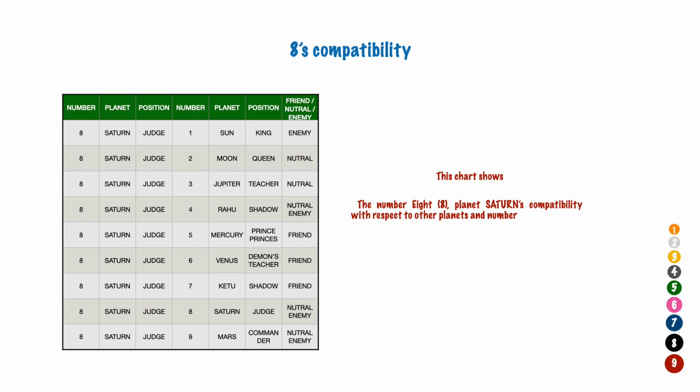So 8 in pair is always good for bringing more wealth and money. Number 8 and number 9 would not be friend. Either they could be neutral or enemy. So this is about number 8's compatibility with other numbers.